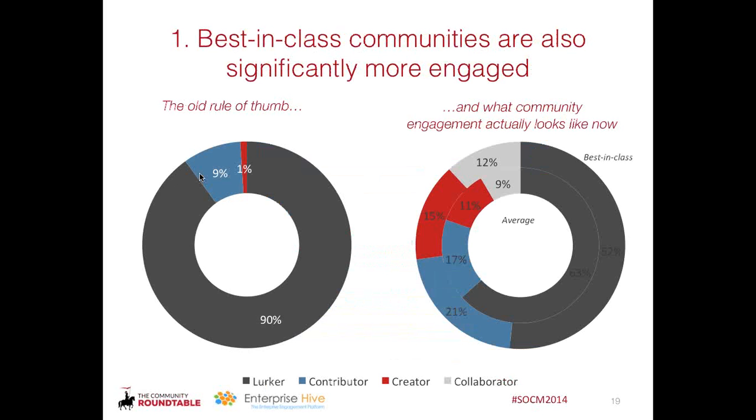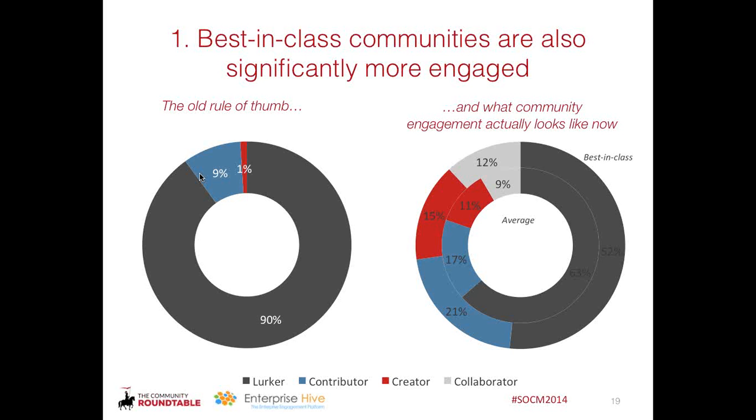There is an old rule of thumb online that online communities get a 99-1 engagement profile, and 90% of the members of a community are lurkers. Over a couple of years, we've really found that that is not the case at all, and in fact, it's quite different.